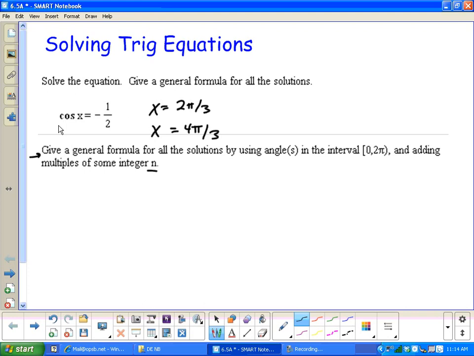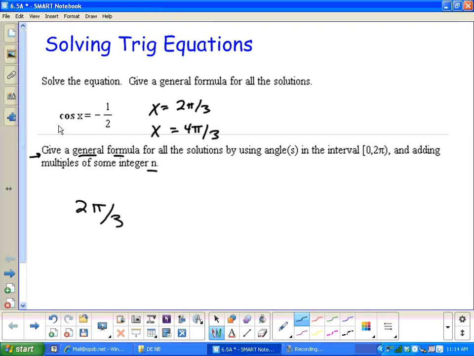But we could keep going around the circle, couldn't we? So the general answer, or the general formula, is what we call that. You could do 2 pi over 3, but then how could you get back to 2 pi over 3?